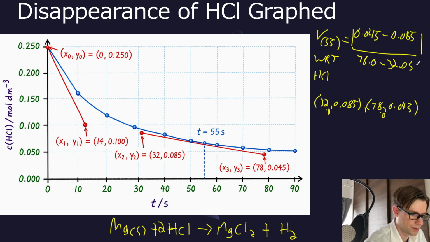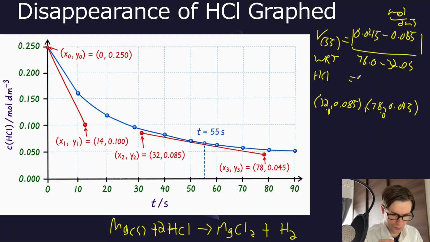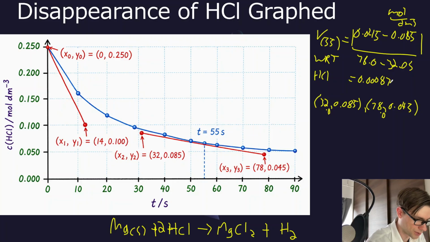And units here, seconds, mole per decimeter cubed on the top. So that will come out to 0.00087. I guess I didn't need the zeros for sig figs. We'll just have to. 0.00087 mole per decimeter cubed per second.